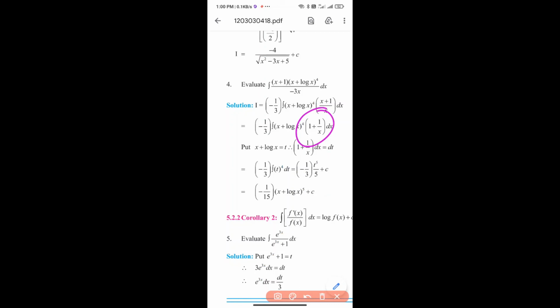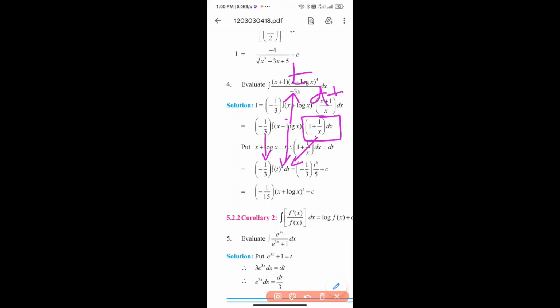Now you can see that this whole is dt, this is t, and we can replace it with t. So in the integration, minus 1 by 3 they have put as it is, in place of x plus log x they wrote t, and that is raised to 4, and dt they wrote in place of 1 plus 1 by x dx, right?